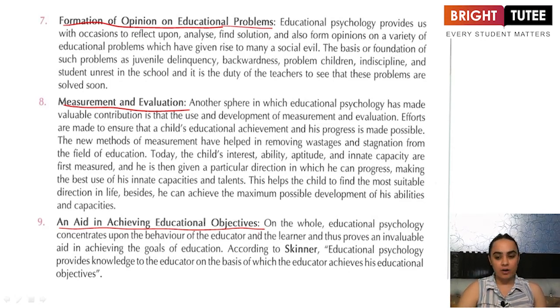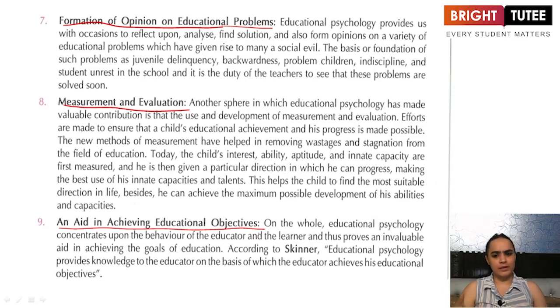Whatever aid, help or support is required should always be provided by the teachers or by external factors. But at the end of it, the objective of being sent to school, or of learning something, should be fulfilled.